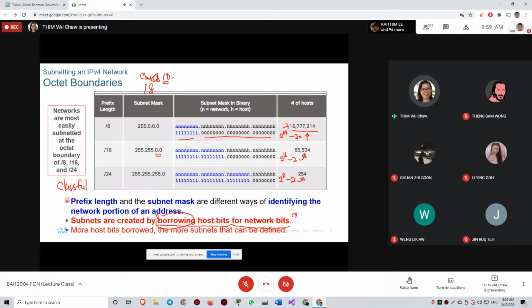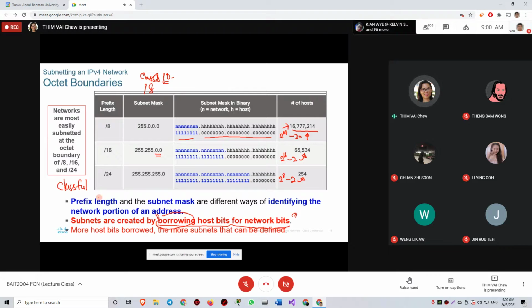You may ask why this slide refers to classful. As I mentioned, in the history of designing IP addresses, if you just follow class A, B, C, D and E, there is definitely a maximum number of networks and a maximum number of usable host addresses in each network.